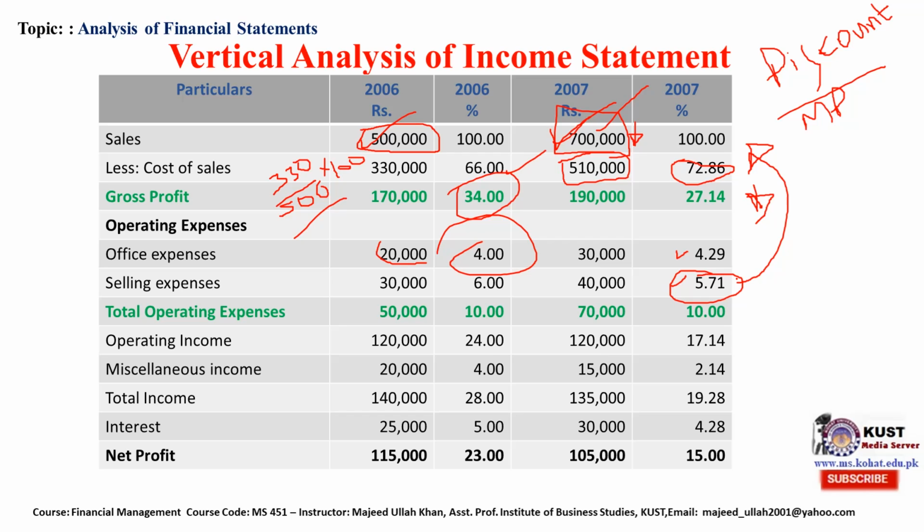It means the company may reduce its advertising expenses and offer discounts to the customers. That's why these have decreased with reference to the total sales. Operating income decreases due to the increase in cost of goods sold.